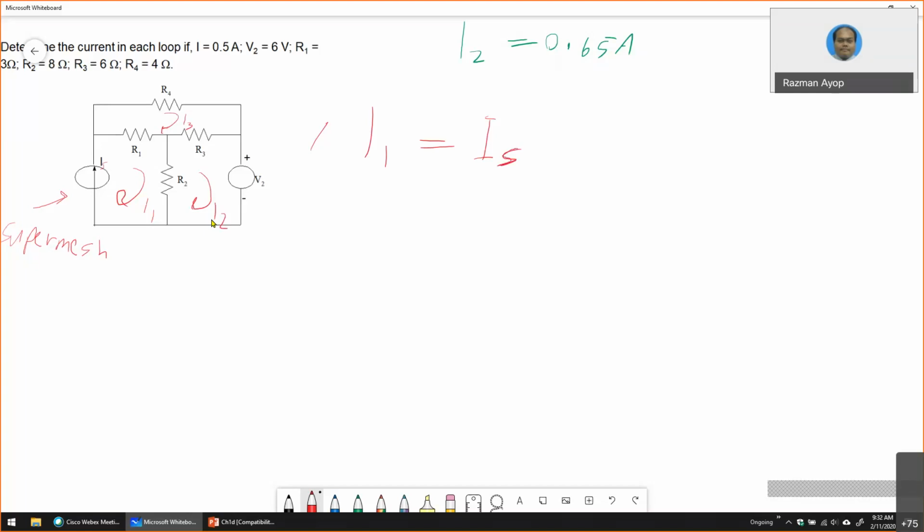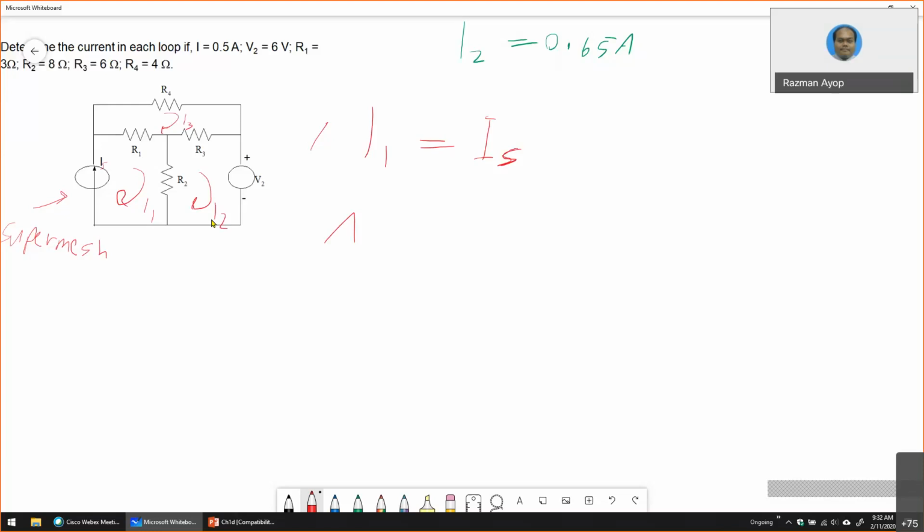If you have this condition, you just have to follow it. If the super mesh is at the center, that is a different story, and that one is out of your syllabus. But if the super mesh is at the outside and doesn't interact with other meshes, then I1 will just become IS.